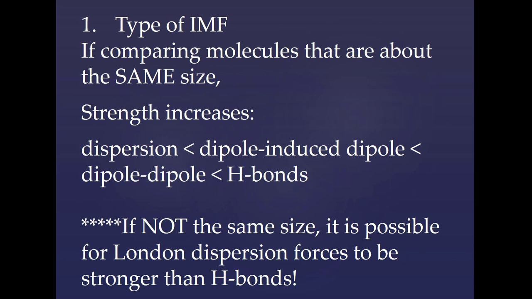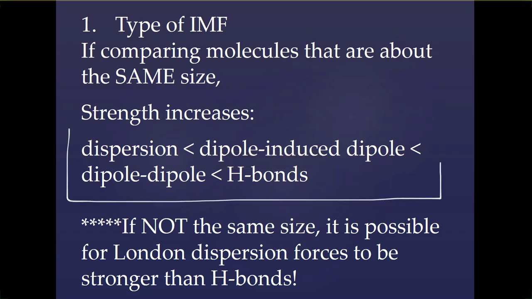If you're comparing molecules that are about the same size, you can use this as a general guide. So your dispersion forces will be the weakest, hydrogen bonding will be the strongest force, and then you have dipole-induced dipole and dipole-dipole in between.